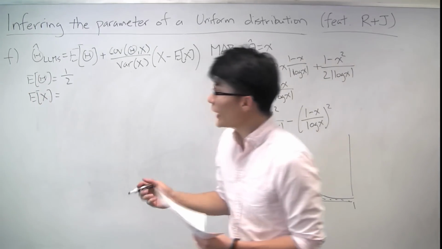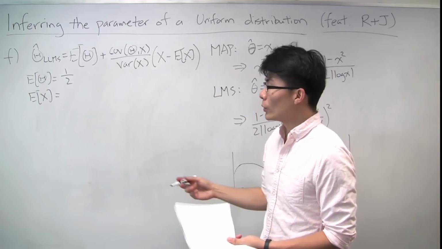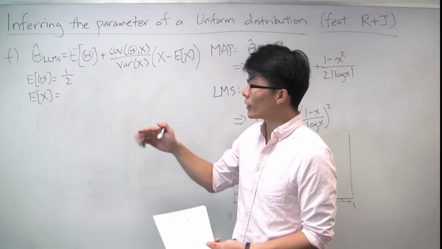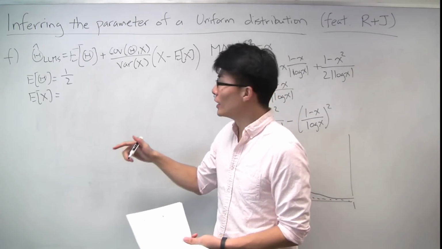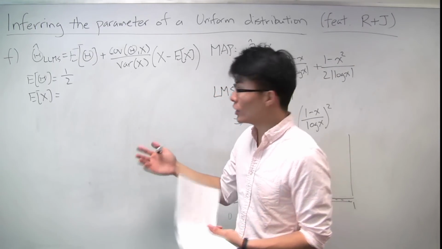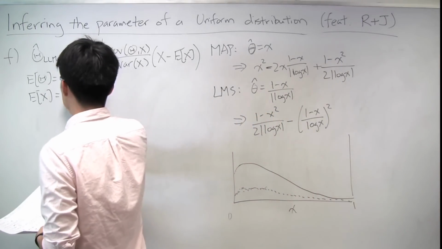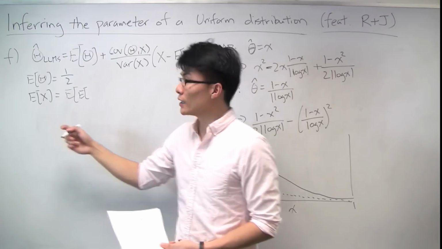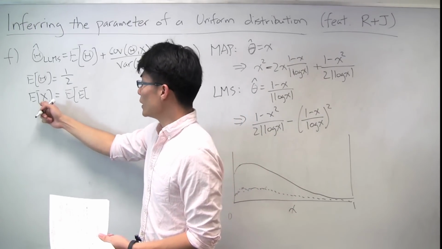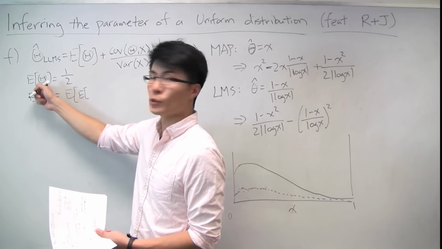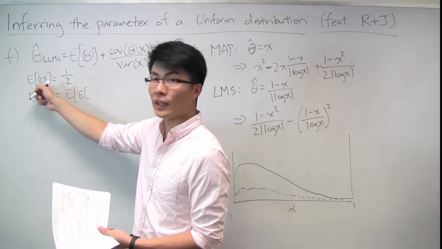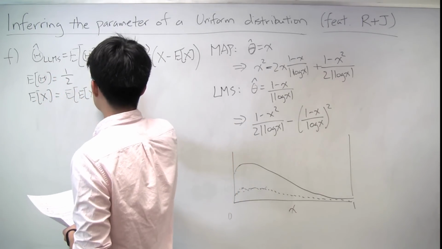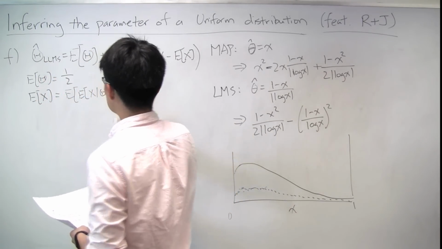Well, expectation of x is a little bit more complicated, but remember, like in previous problems, it's helpful when you have a hierarchy of randomness to try to use the law of iterated expectations. So the delay, which is x, is random, but its randomness depends on the actual distribution, which is theta, which itself is random. And so let's try to condition on theta and see if that helps us.